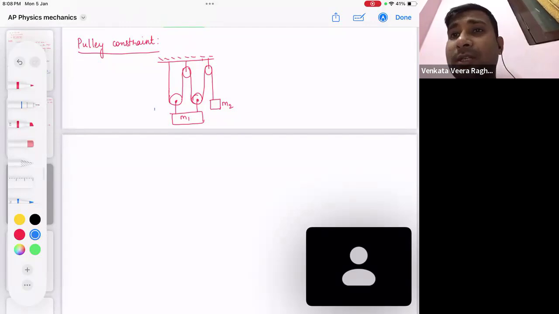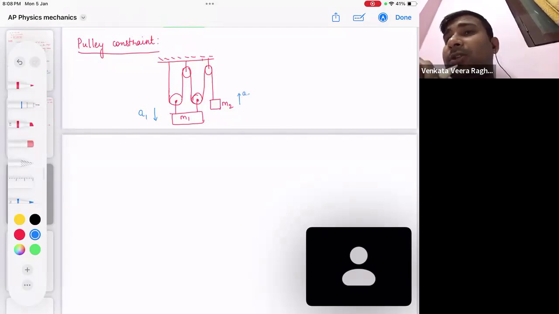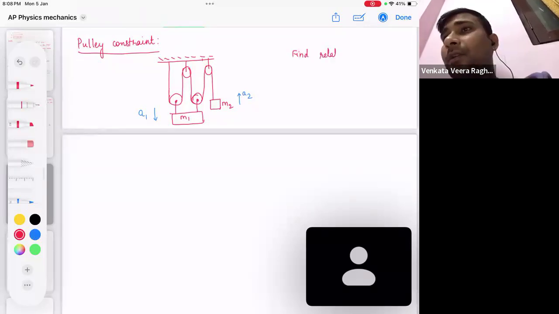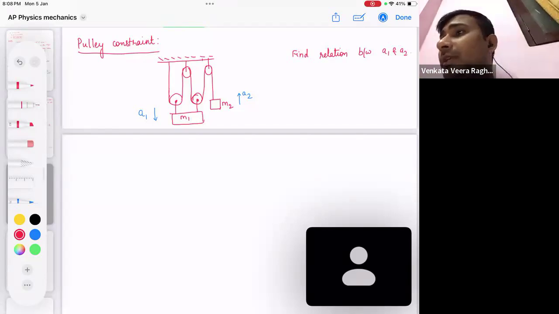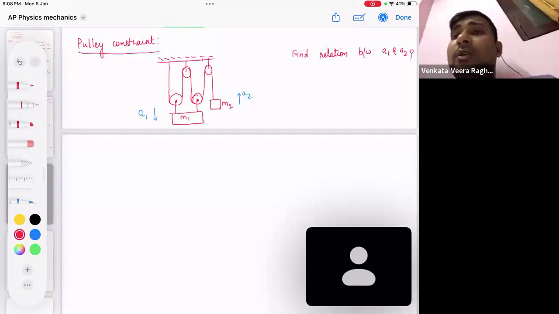The acceleration of M1 is given as A1 and the acceleration of M2 is given as A2. The question is asking: find the relation between A1 and A2.